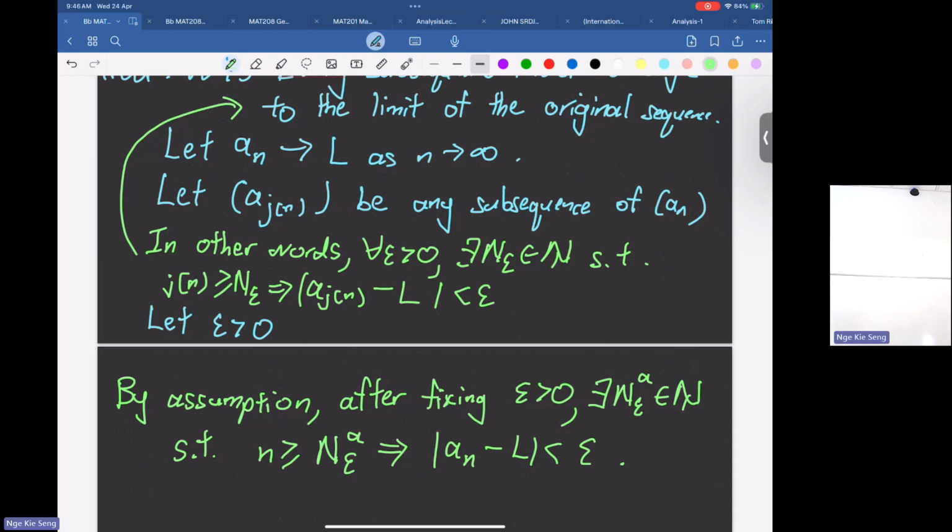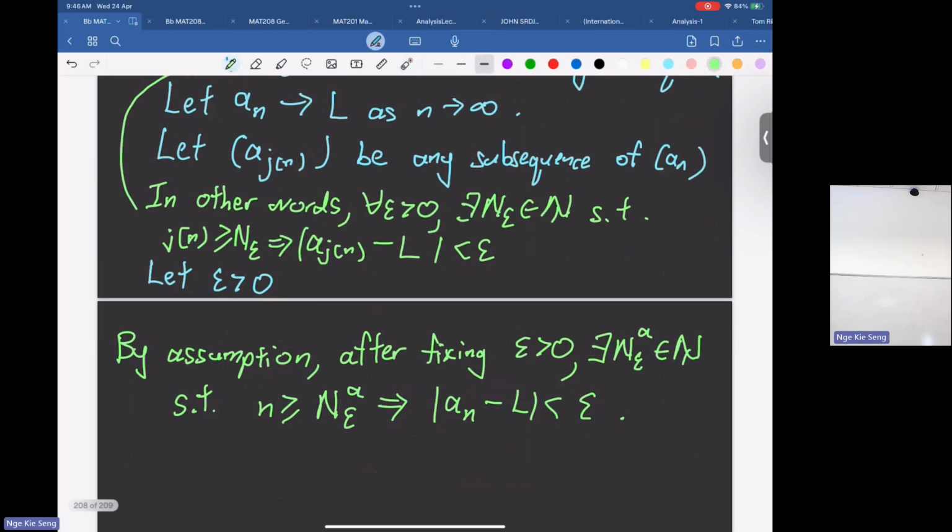So how do you use this assumption here to get the inequality for your subsequence? What n epsilon do you need to pick here?